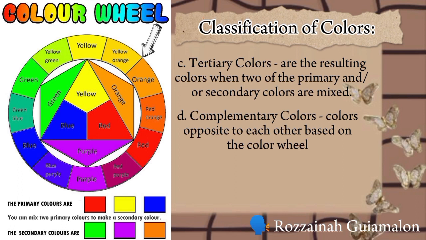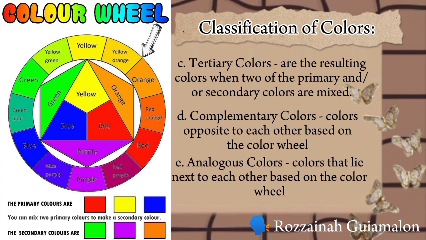Sumunod sa complementary colors ay yung analogous colors. Sila naman yung mga colors na magkakapitbahay or magkakatabi sa color wheel. Tignan natin yung sa color wheel. Magkakapitbahay ang colors orange, red-orange, at red. Sumunod na set ay yung yellow, yellow-green, at green. Sumunod ay red, red-purple, purple, at blue-purple.